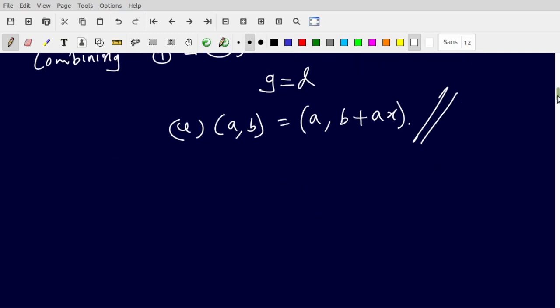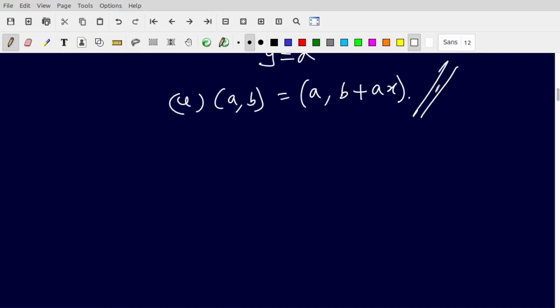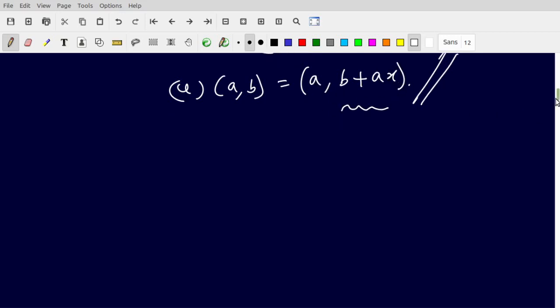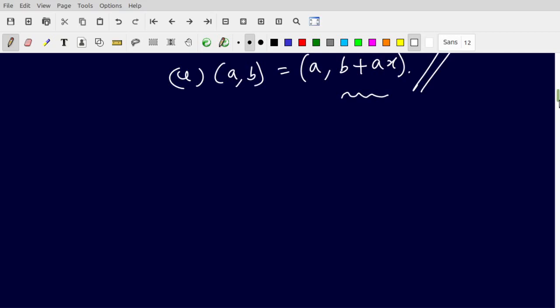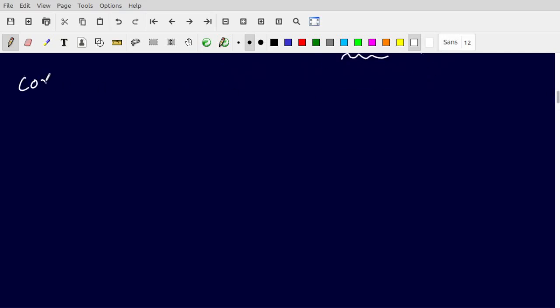In this theorem, by choosing a proper x, B plus AX can be chosen smaller than A. That is the next corollary of the result.